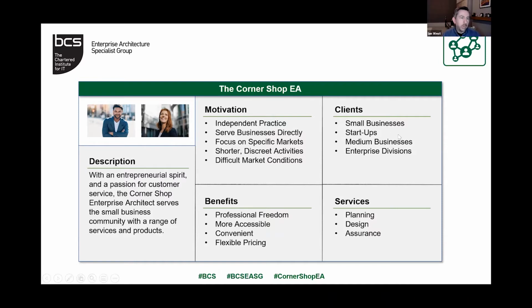Okay, so the Corner Shop EA. My name's Ian West, and I'm here to talk to you about that. The idea behind the Corner Shop EA was something I've been thinking about recently. The Corner Shop EA is somebody who's a bit more entrepreneurial, and I'm doing this as a kind of persona to get people thinking.